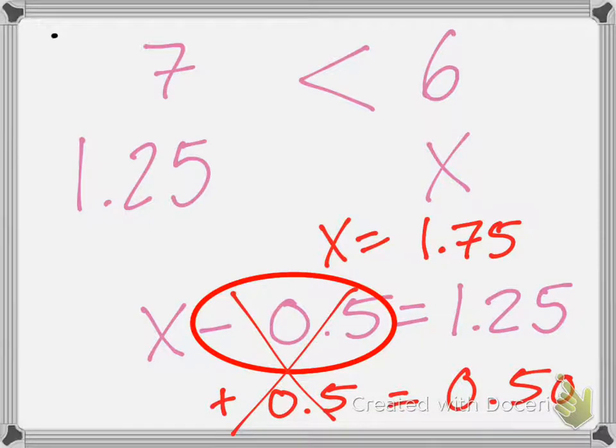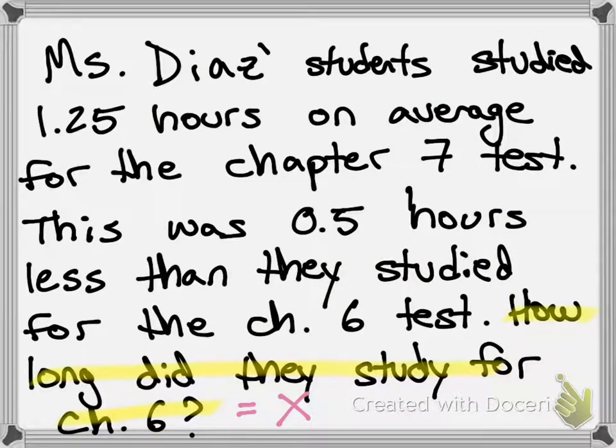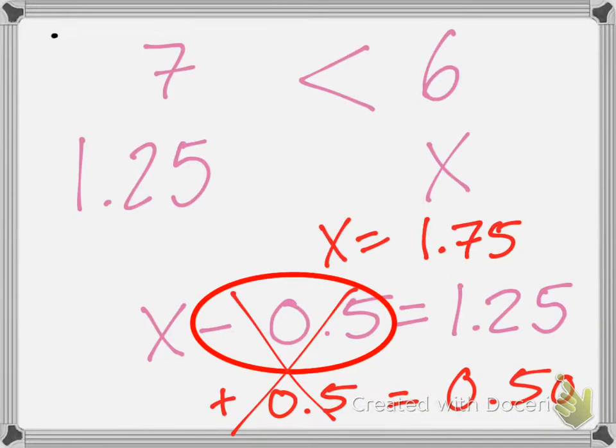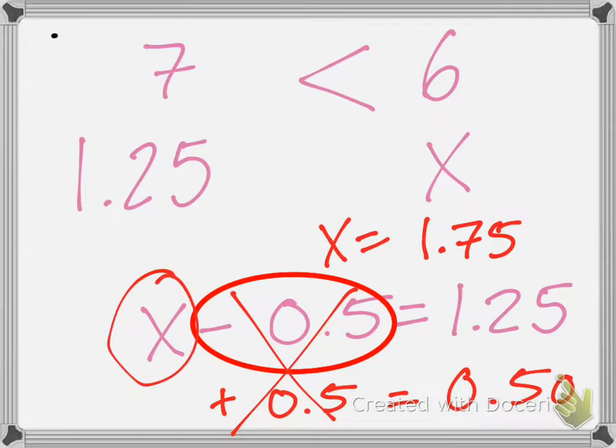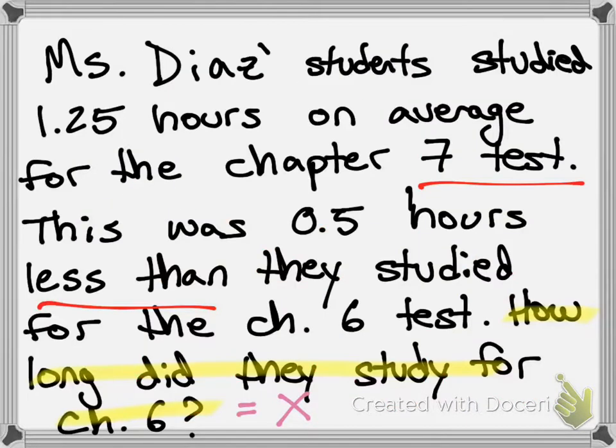And doesn't that confirm what we know? Chapter 6 is more time than Chapter 7. Yes, it confirms that Chapter 7 is less than Chapter 6.